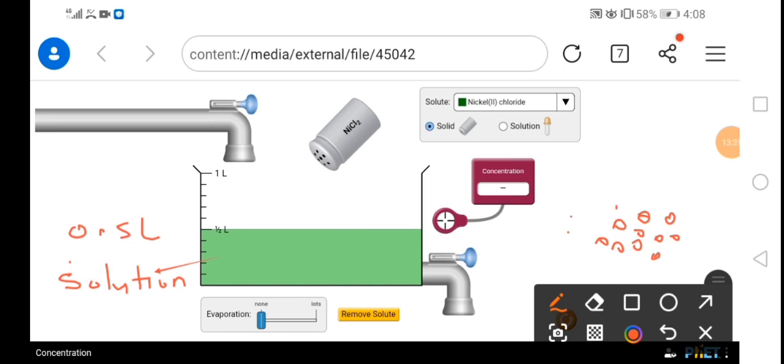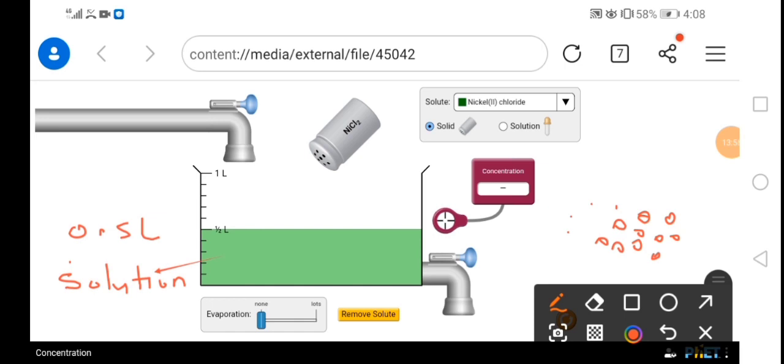That's the reason why the solute does not change the volume of the solvent, because there are spaces between particles in a solvent. And when those solute dissolve, the volume will remain just the same. As you can observe, I add 0.5 liters.